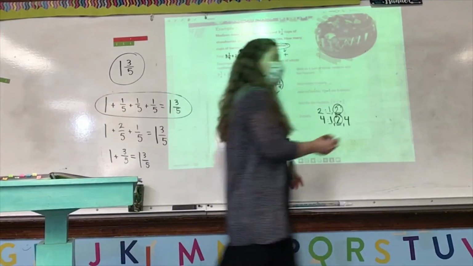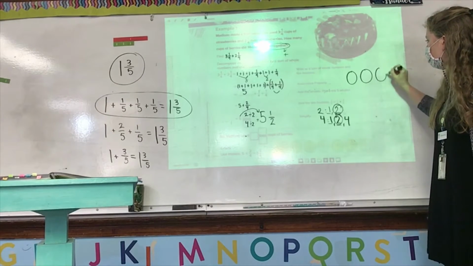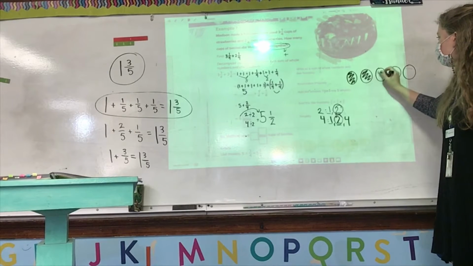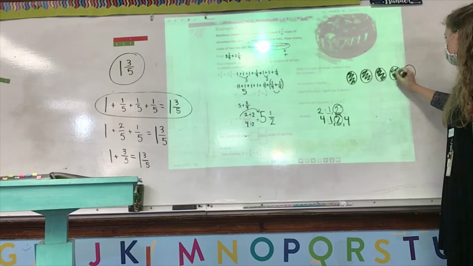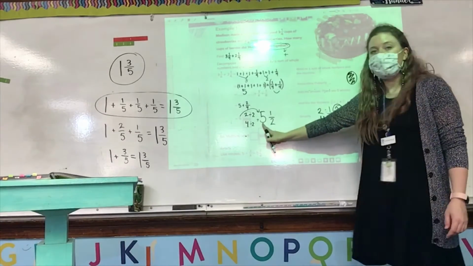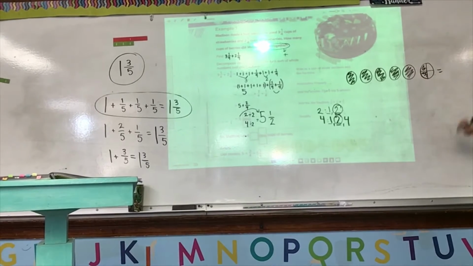I'm going to do it over here. I'm going to model 5 wholes. 1, 2, 3, 4, 5. I'm going to shade them because otherwise they don't exist. And then I'm going to model my 2/4. So I have the same whole broken into 4 pieces. 2 are shaded. And if you forget to rewrite the whole number, you're telling me that this is equivalent to this.